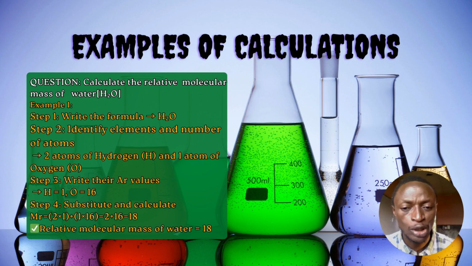Then we add it up with that of oxygen, 1 times 16, 16 being the Ar of oxygen, and 1 being the number of times the oxygen atom appeared in the formula H2O. By doing this, we add up 2 plus 16, and we will have 18 as our final answer. So the relative molecular mass of water is 18.